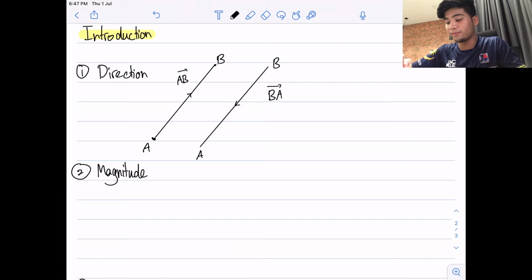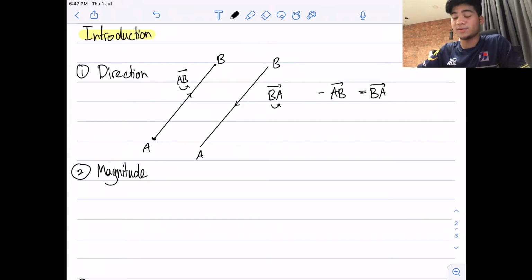It's like going from B to A, AB from A to B. But the thing is, vector AB can be equal to vector BA, alright, if it was negative. So that means the vector of negative AB is equal to BA, alright? This is a very important one, because sometimes you might have to work with vectors which go the opposite direction.